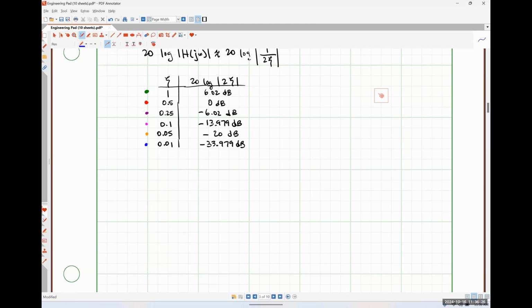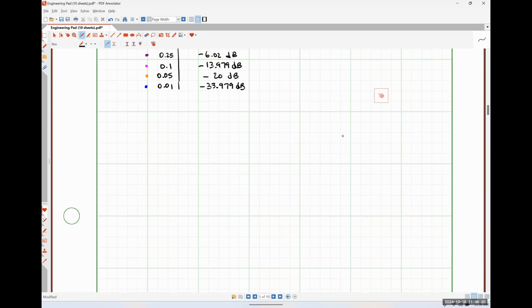I haven't used that one yet. So here is 20 log of the magnitude of H of j omega, like so.